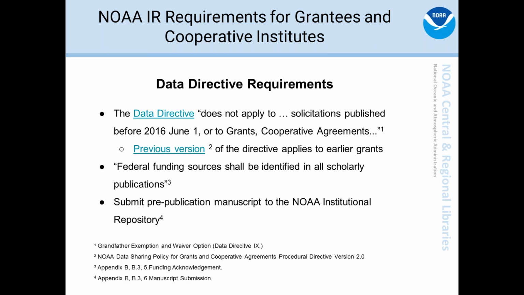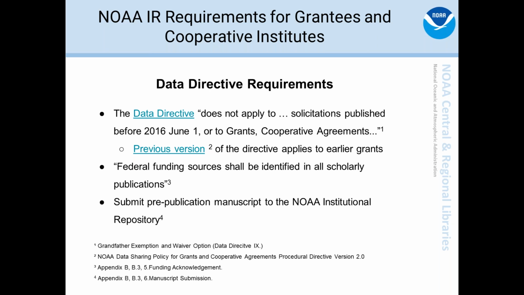So for the data directive, or the data and publication sharing directive for NOAA grants, cooperative agreements, and contracts, which is the full name, I'm just going to call it the data directive. The data directive, quote, does not apply to FFO announcements and contract solicitations published before June 1st, 2016, or to grants, cooperative agreements, or contracts funded as a result of an announcement published before that date.